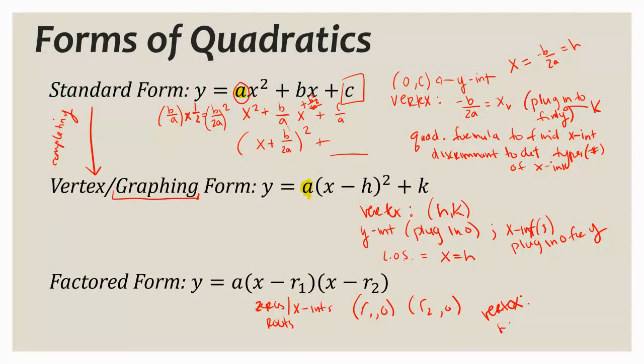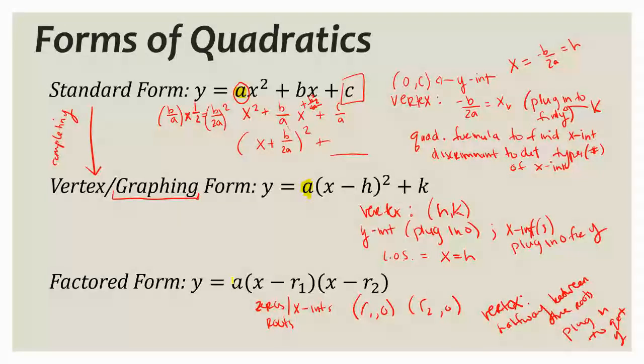I'm able to figure out halfway between the roots, right? So I've got the x-intercepts, find halfway between them and then plug in to get y. Again, this a value is the same.